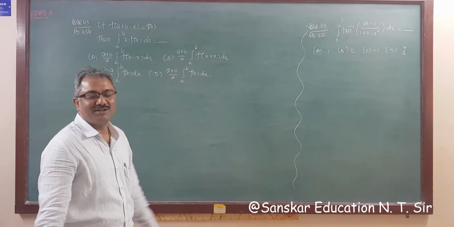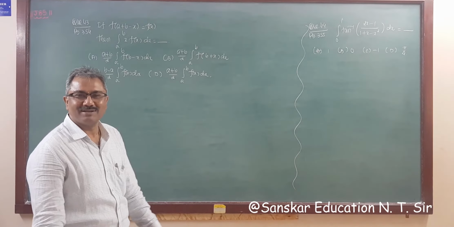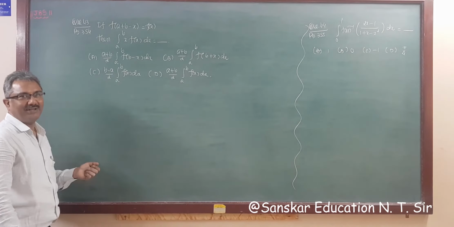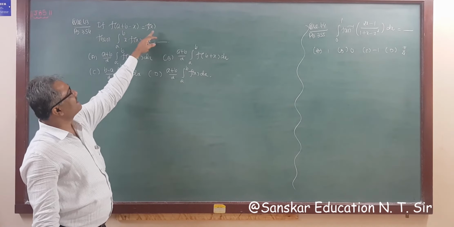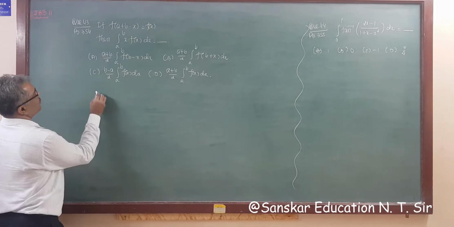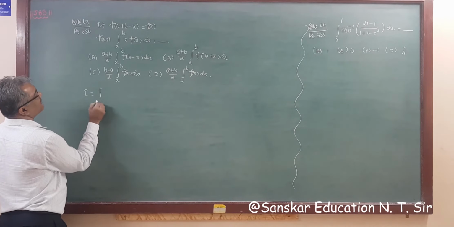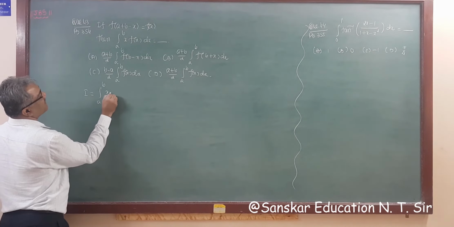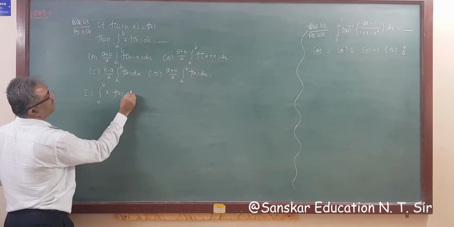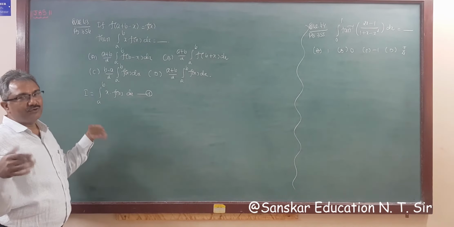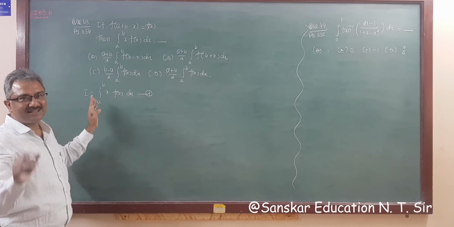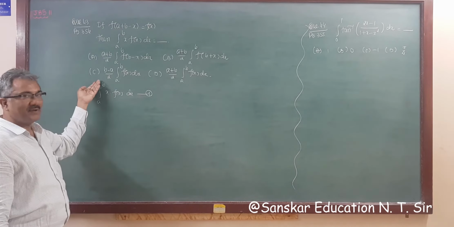So in this video lecture we are going to finish this integration. Question number 43: if f of a plus b minus x is f of x, then this is equal to? We assume I is equal to integration a to b x into f of x dx. See reason number 1. Now replace x by a plus b minus x.